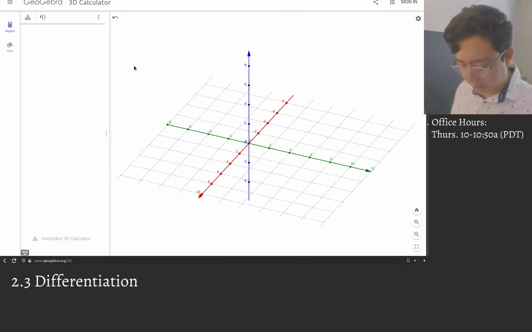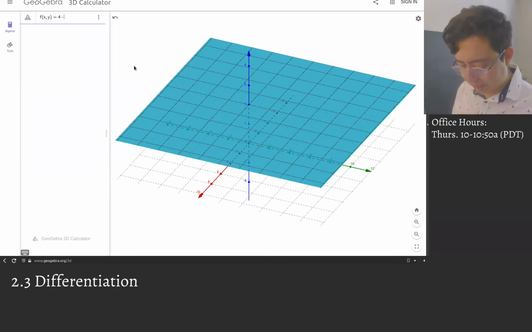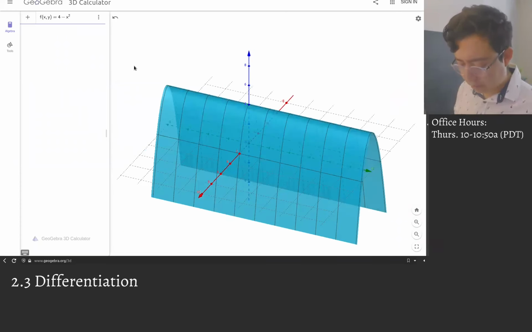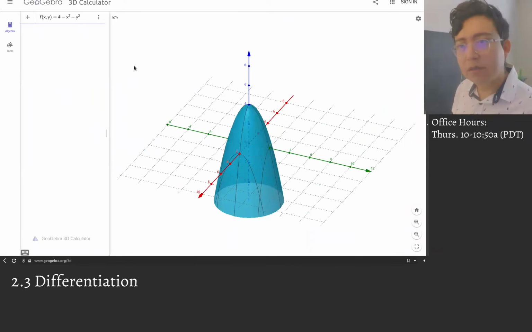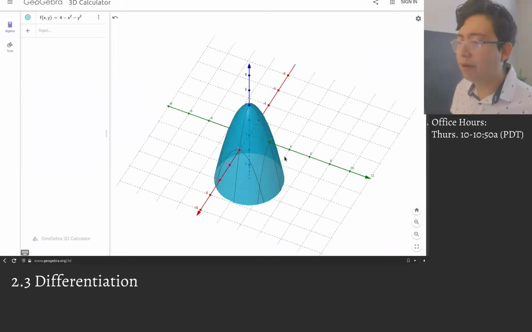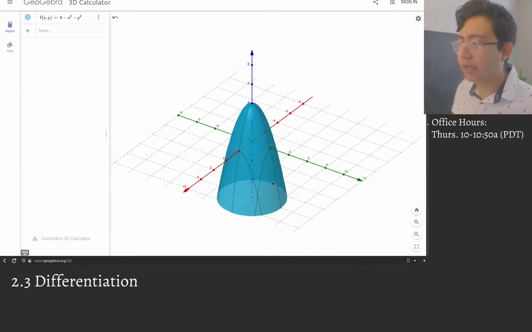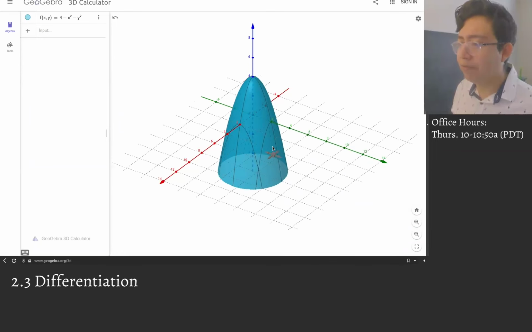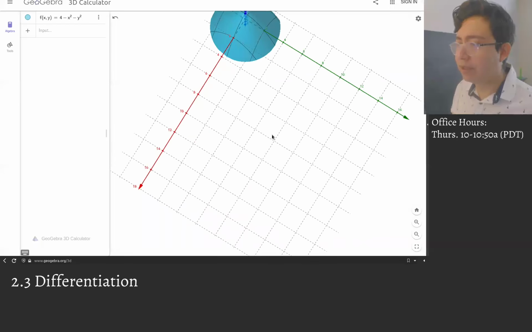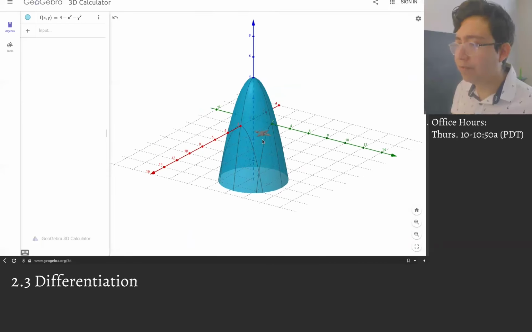The function was f of x comma y equal to 4 minus x squared minus y squared, right? So we get this here, which, if you remember the other day when I was talking about some 3D shapes, is called a paraboloid. That's the type of shape this is.